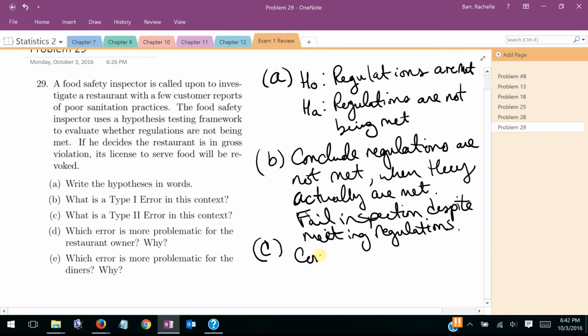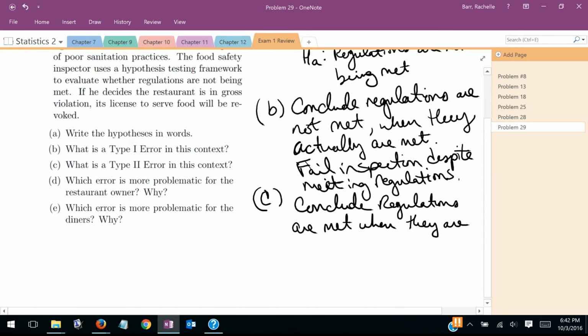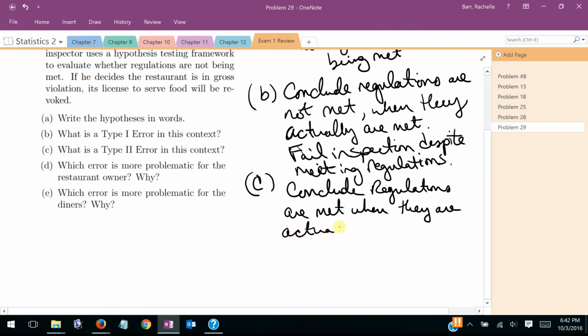So the truth behind this matter is that you would actually pass the inspection when you don't meet the health code. So you don't meet the regulations.